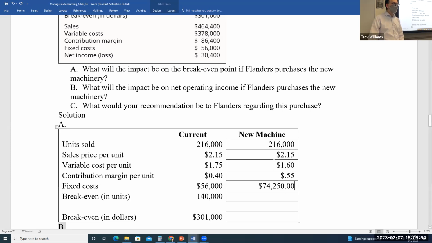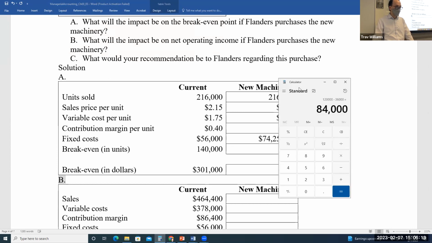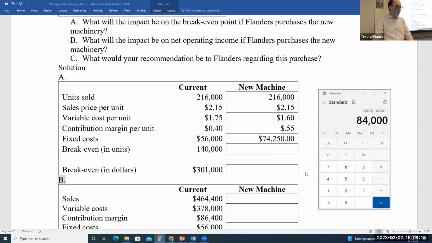Okay, so now that we've updated the variable costs, the contribution margin per unit, and the fixed costs, now let's figure out what is our new break even in units. All right, so what do we do here? Multiply the sales price by the units sold.